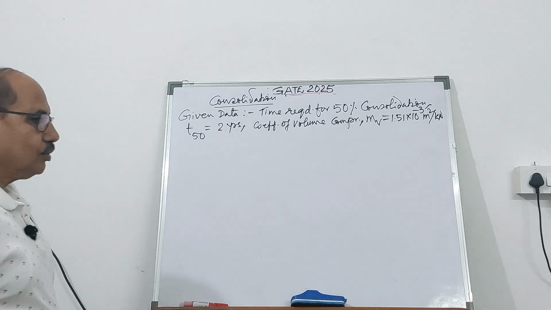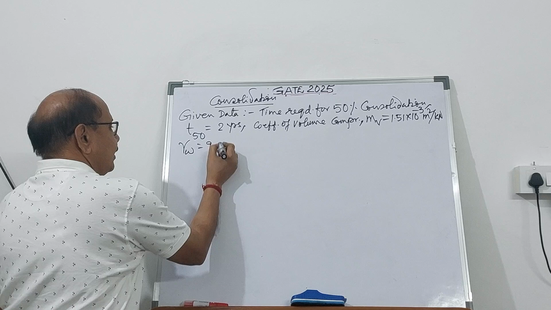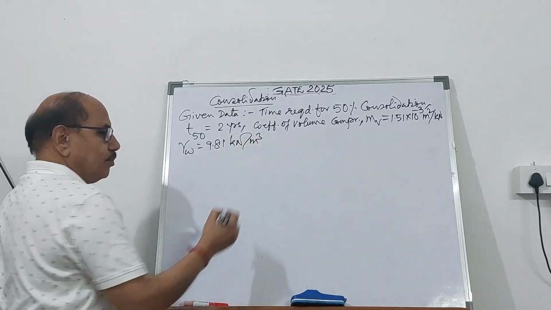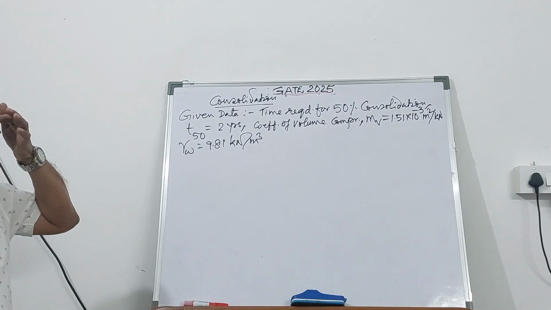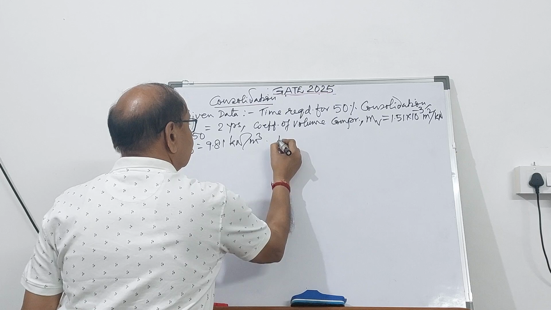So this is also given to you. The unit weight of water is given to you as 9.81 kilonewton per meter cube, and there is going to be double drainage.